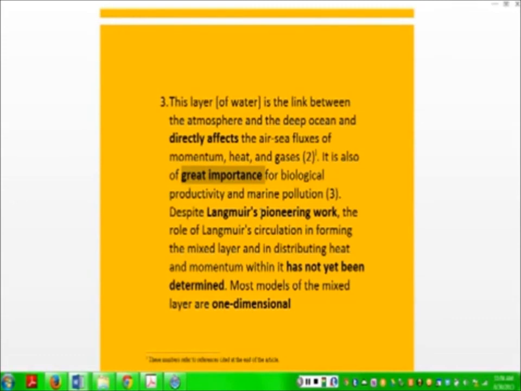So pioneering is used as a positive that will later be contradicted or shown to have a negative expression.